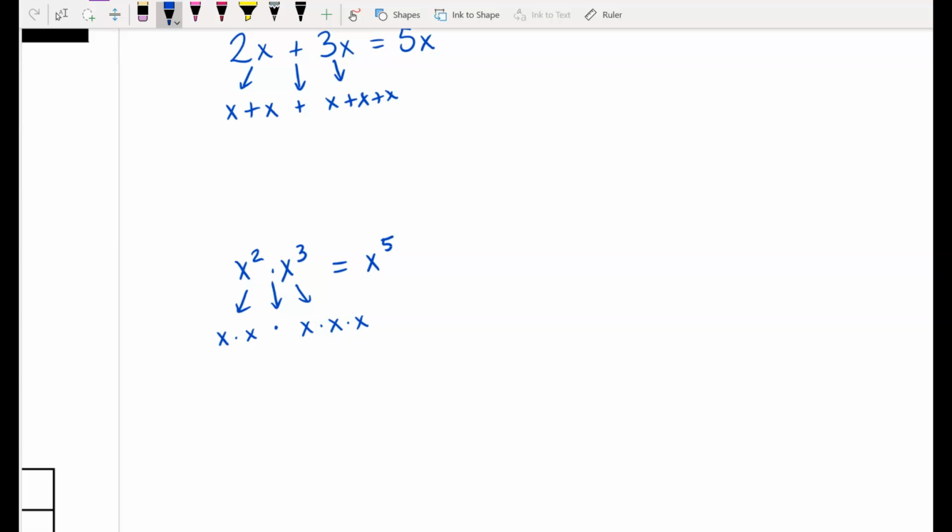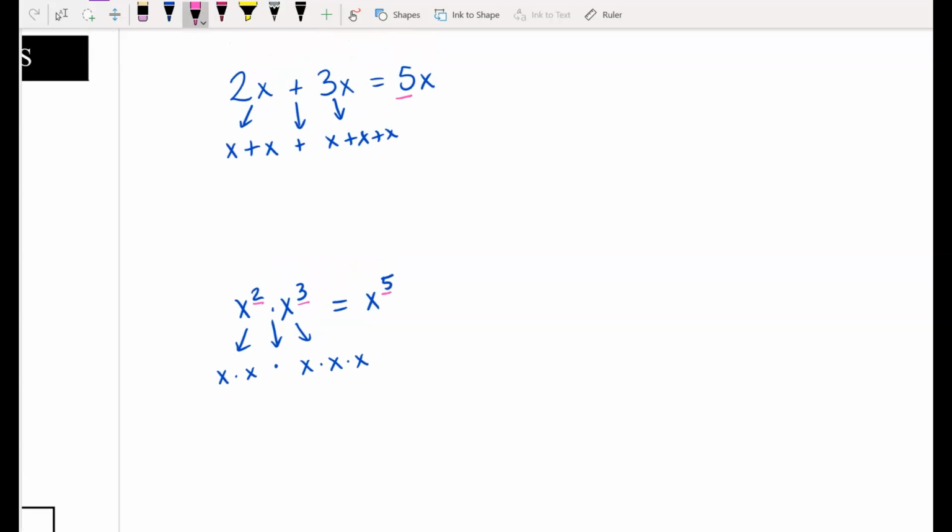Instead of expanding the multiplication, I can just add my exponents together to get that ending exponent when I'm multiplying. So exponents only change when you're multiplying. Coefficients change when you're adding.